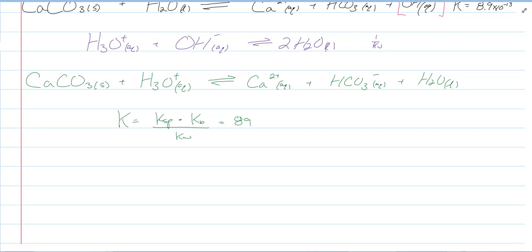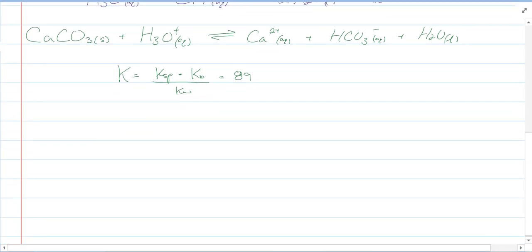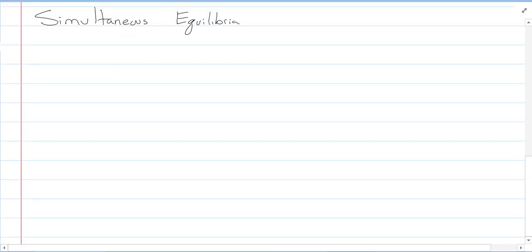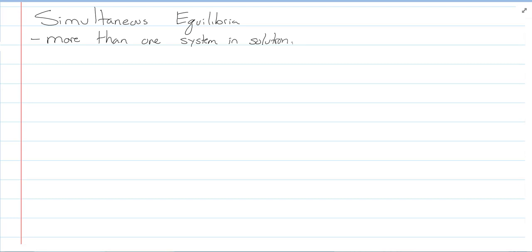The next topic is simultaneous equilibria. Simultaneous equilibria. This is when we have more than one system in solution. A couple things to talk about. A system is like calcium carbonate going to calcium ion and carbonate anion in solution, or the KSP.